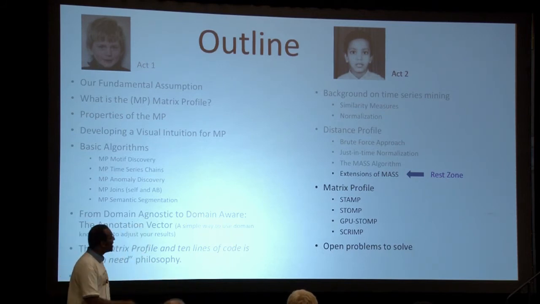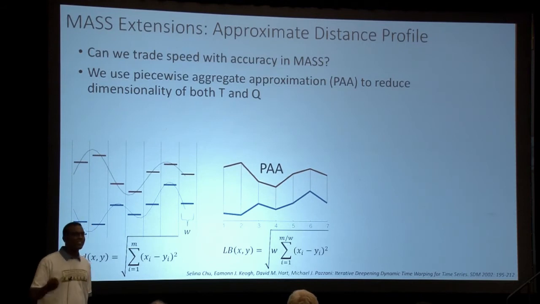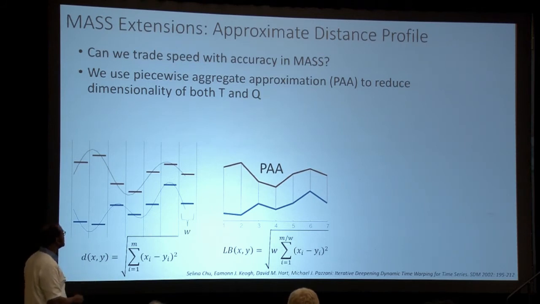All right, so what is the first extension? The question is, can we gain speed by trading accuracy? We don't want accuracy, we want speed. So yes, we can trade speed for accuracy in MASS. This is the piecewise aggregate approximation.